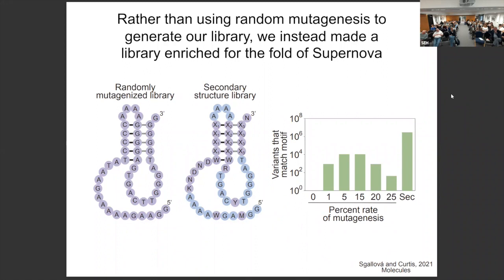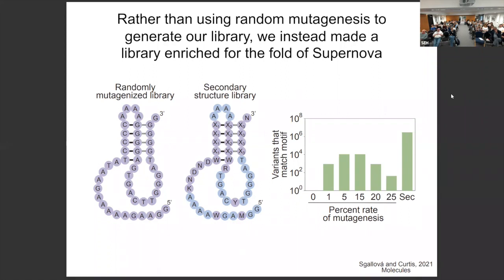You can see that the rate of random mutagenesis matters, and the best result is obtained, at least according to this calculation, at between 5 and 15%. However, the secondary structure library looks quite different. Based on our calculation, we think that this library contains more than 100 times more unique sequences with the fold of Supernova than any of these libraries generated by random mutagenesis.